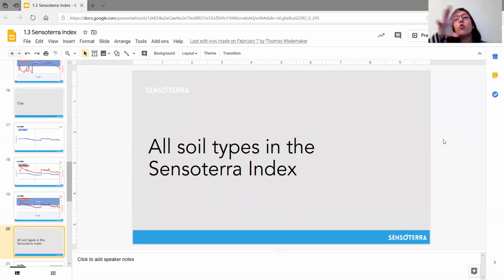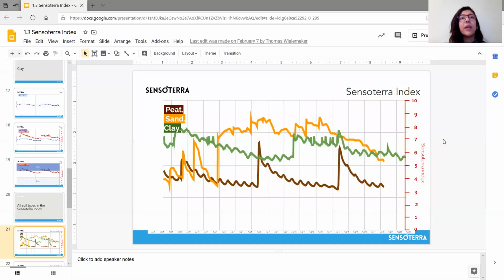Now comparing all soil types together. You have peat, sand, and clay. Looking at this graph, you already see that peat, sand, and clay, as we talked before, are different soil textures, and they have different physical conditions.